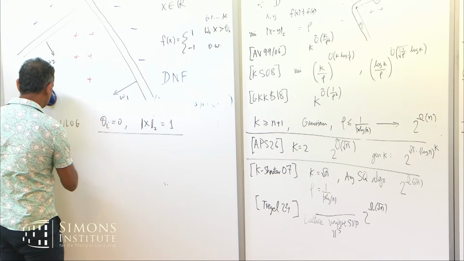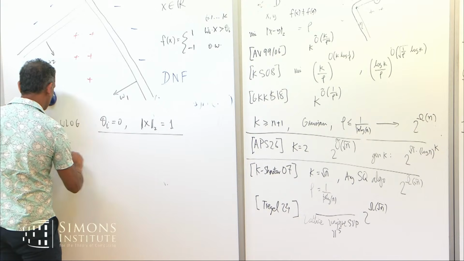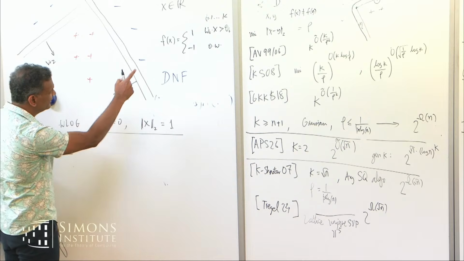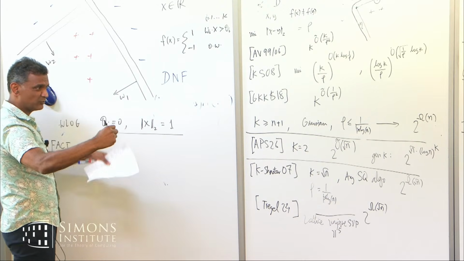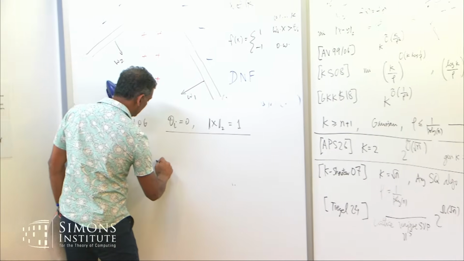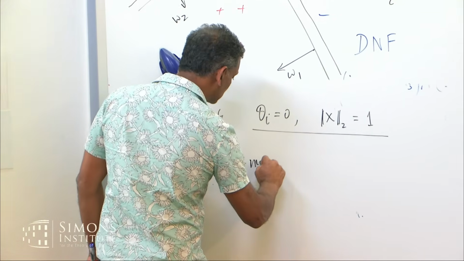The other fact is the following. There are, as you might notice, 2 types of margins. One is this rho robust margin that I just defined over there, the minimum distance between a positive point and a negative point. Another notion of margin: let's call this one the rho margin, and that's rho robust.